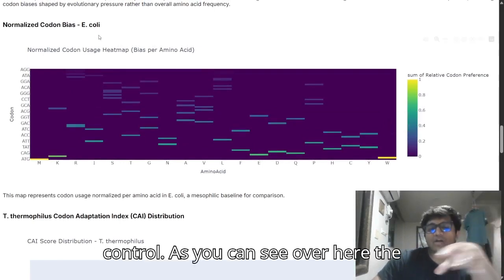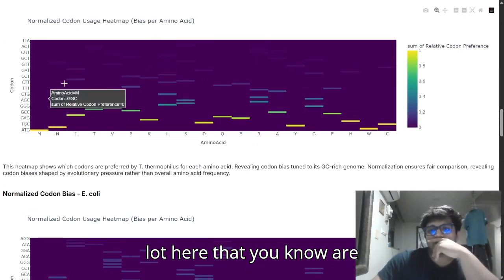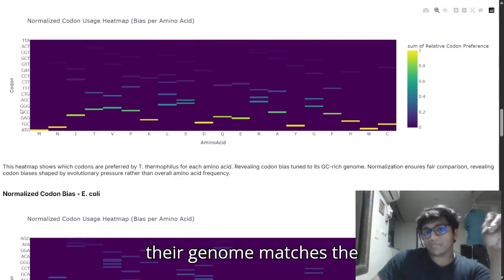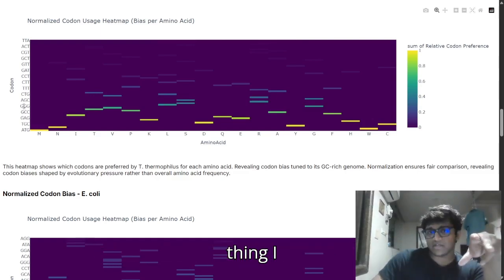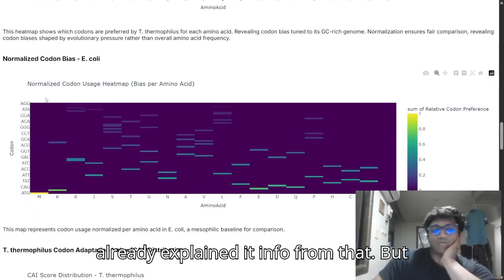We do the same thing for our control. As you can see over here, the codon preference shows a lot of preferred ones, where the genome matches the organism's codon preference. I already explained that.